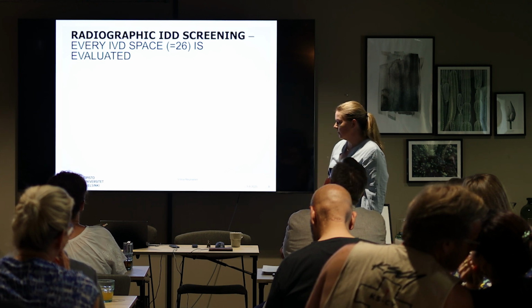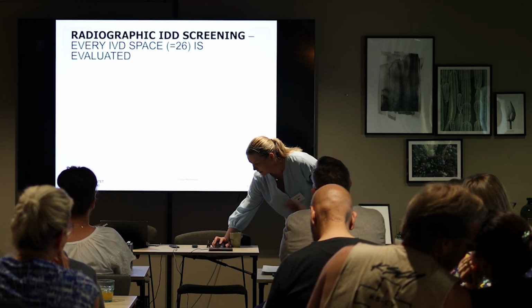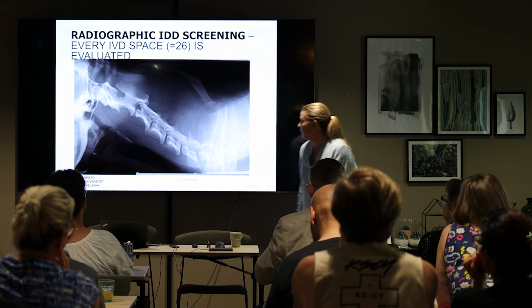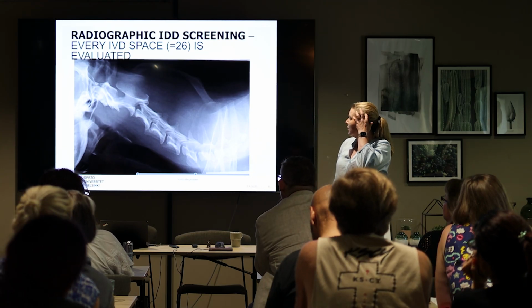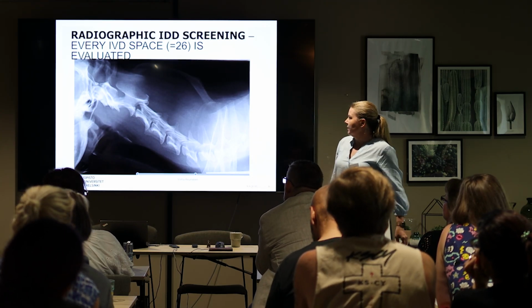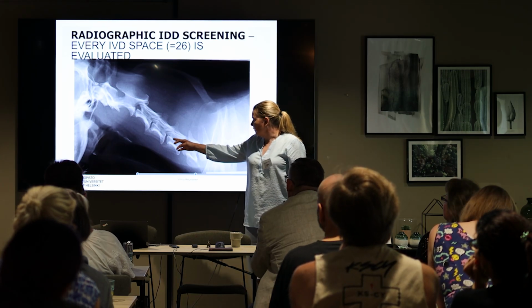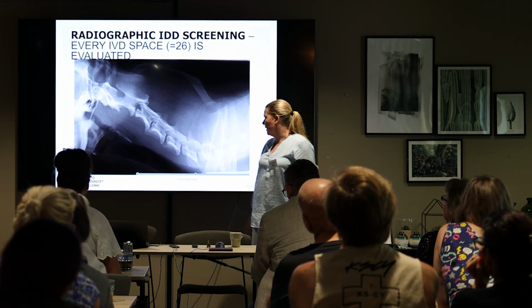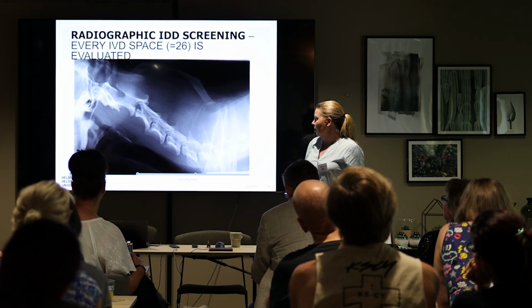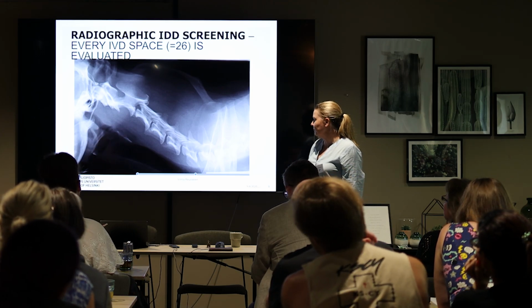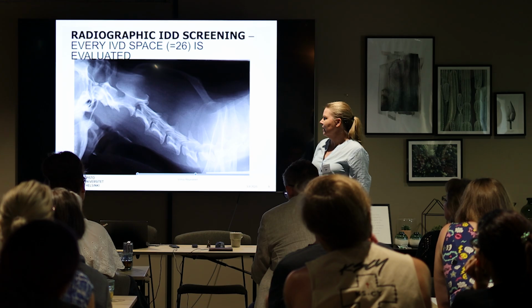Then about the radiographic screening. Here are the images we take when we are screening. We take images of the cervical spine, and it's very important that we can see the intervertebral spaces without summation. That's why we are quite picky with the images.